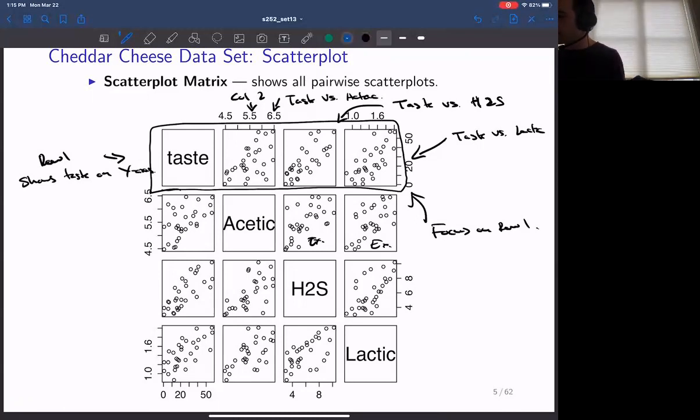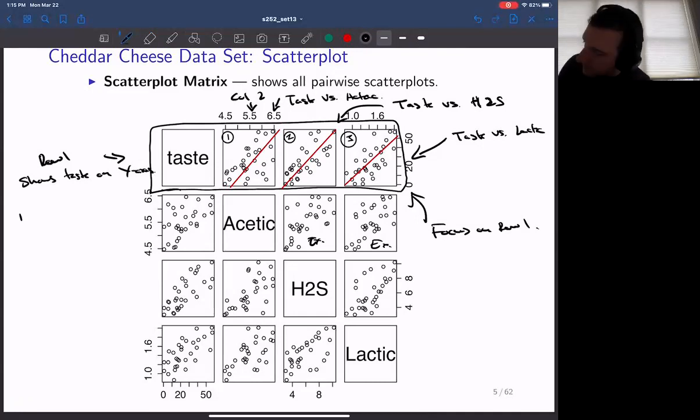So if we take these first 3 plots and draw a straight line through the middle of each plot, something like that, we'll call these 1, 2, 3.